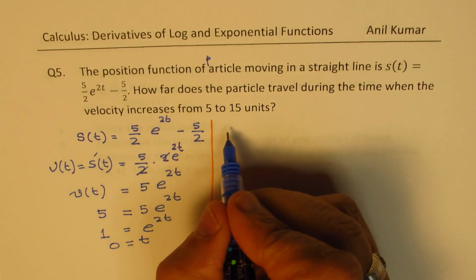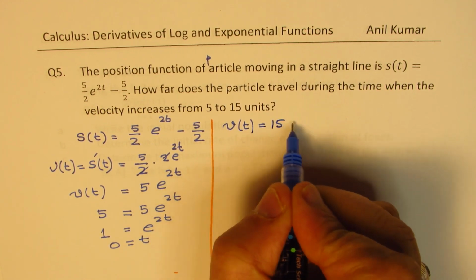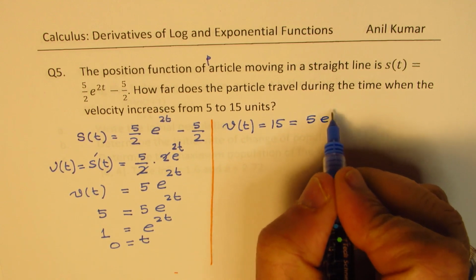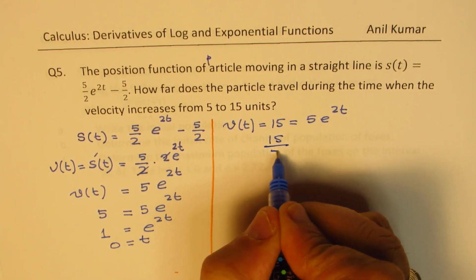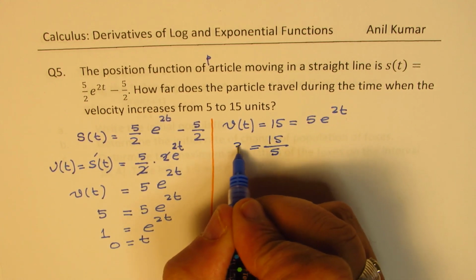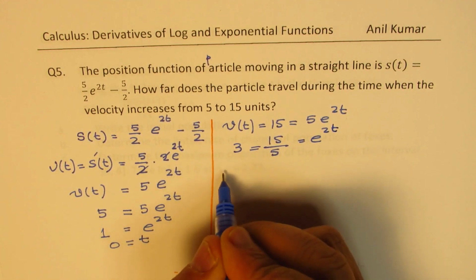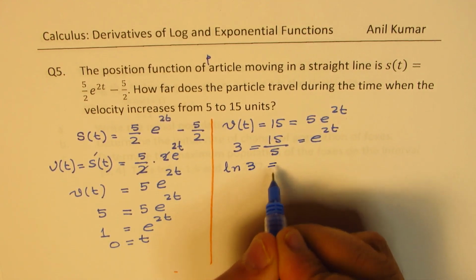Now let us find the time when the velocity reached 15. When it was 15, well, the equation is 5 e to the power of 2t equals 15; dividing, we get 15 over 5, which is 3, right, equals e to the power of 2t. To solve, let's take ln, since we are working with e.